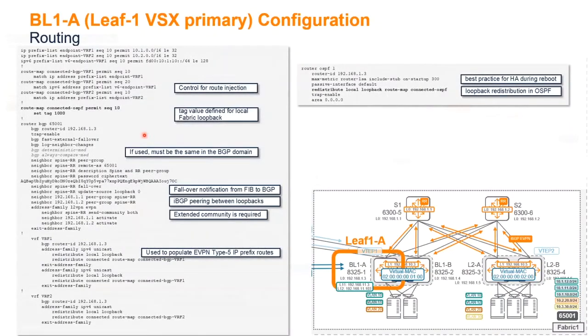For routing on the primary, think about that again. We are using that connected OSPF route map for OSPF, okay, and everything that we already discussed is there. So we have IBGP to the spine with the loopback address. We use the send community both.